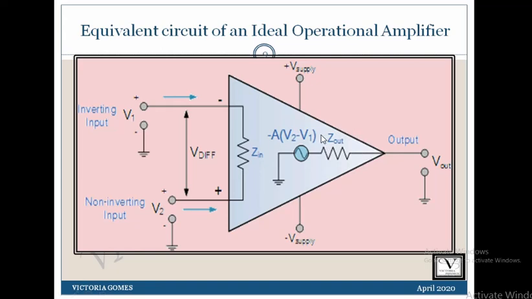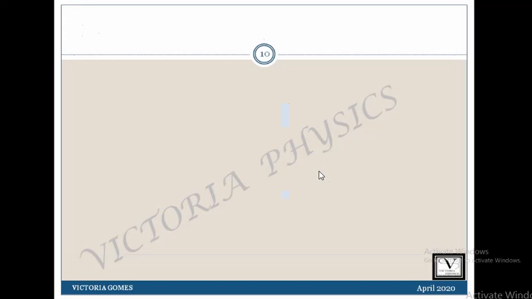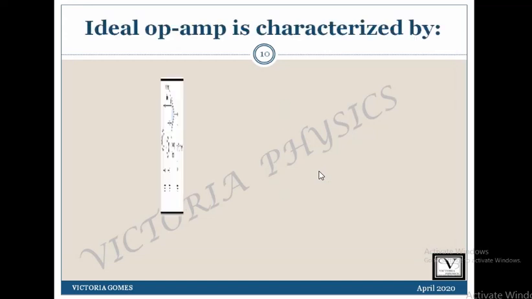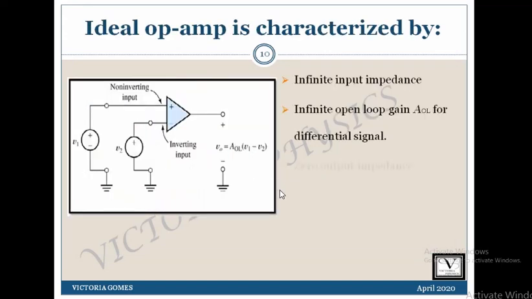It is also characterized by infinite voltage gain. These are some of the major characteristics of an ideal op-amp that you should remember throughout our course on operational amplifiers. Some more points: the bandwidth should be infinite. The slew rate must also be infinite.